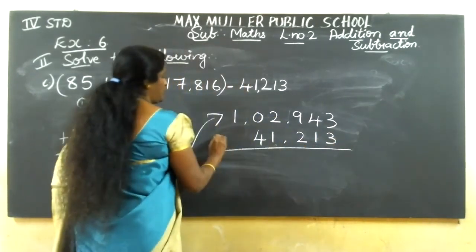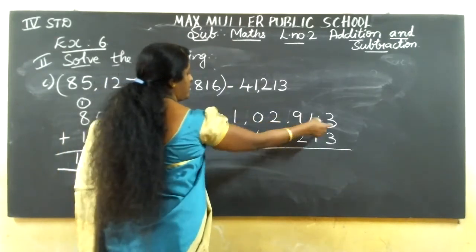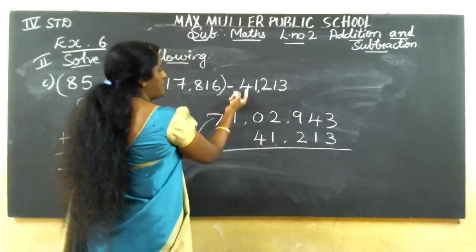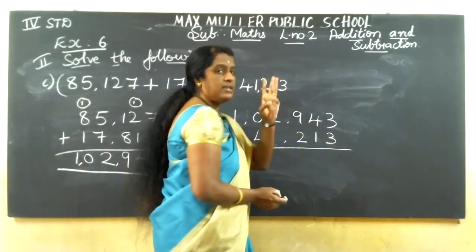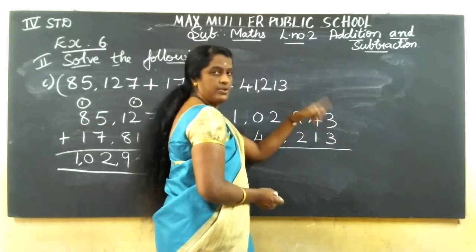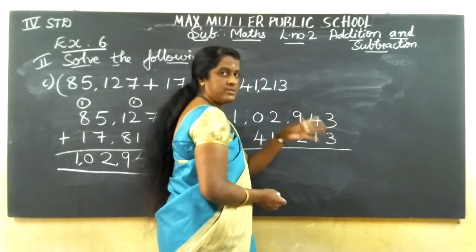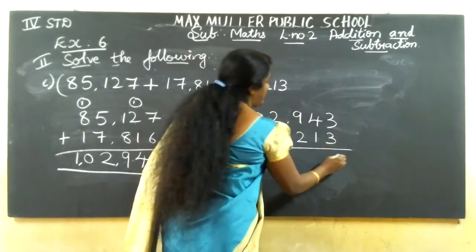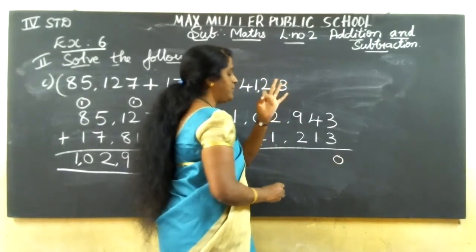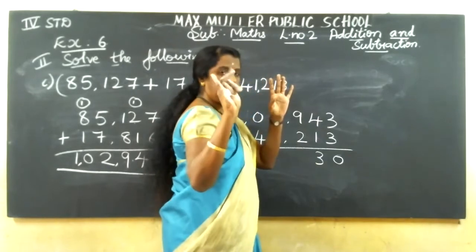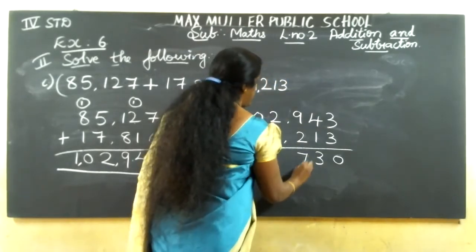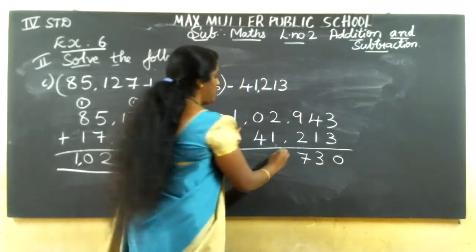This you should do: 1,02,943, subtract with which number? 41,213. 3 minus 3, 3, cut fingers. You should not borrow. If the same number is there, you should not borrow, children. You should write 0. 4, cut 1 finger, 3. 9, cut 2 fingers, 7. 2, cut 1 finger, 1.